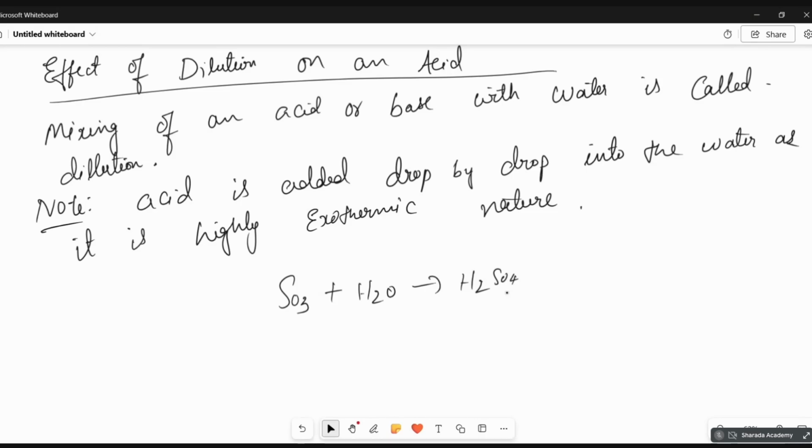Kiara. It contains magnesium hydroxide. It's a mild base. Magnesium hydroxide is a mild base. So we consume base to neutralize.